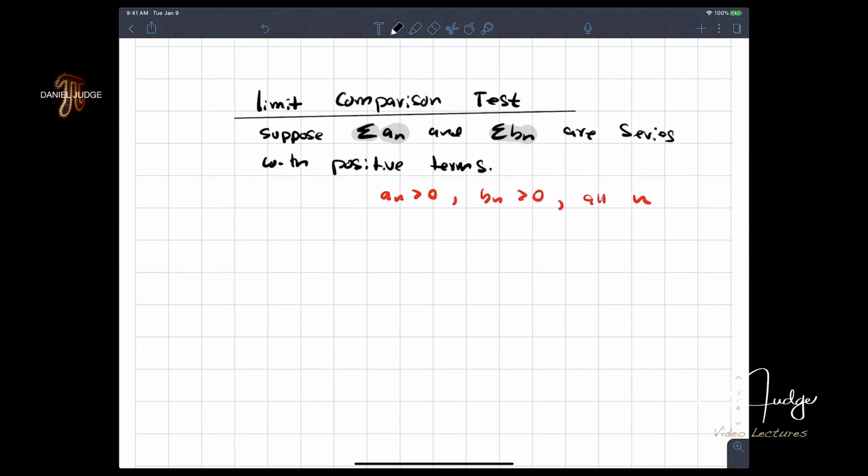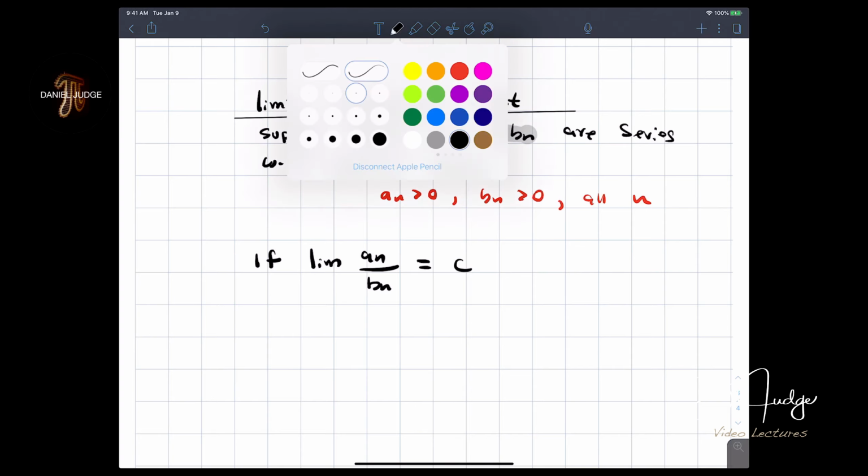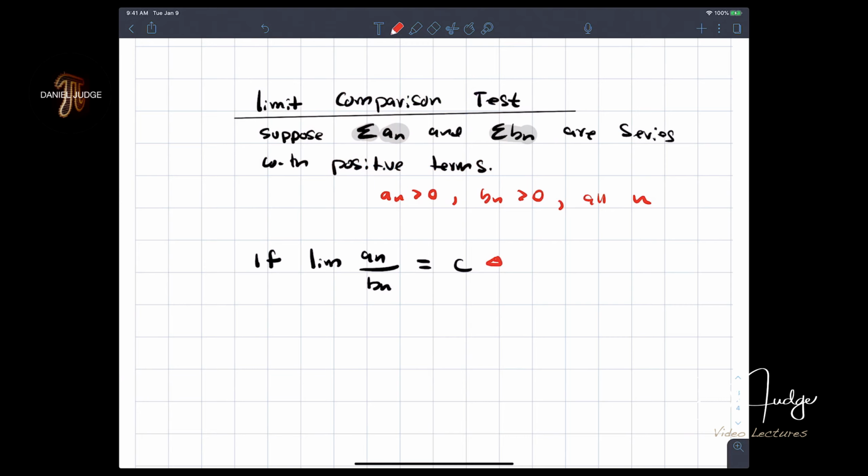So here's the limit comparison test. If the limit of the ratio a_n over b_n is equal to some constant C, where this is the criteria on C, the constant: first of all, it's finite. It's a finite value. And C must be positive.